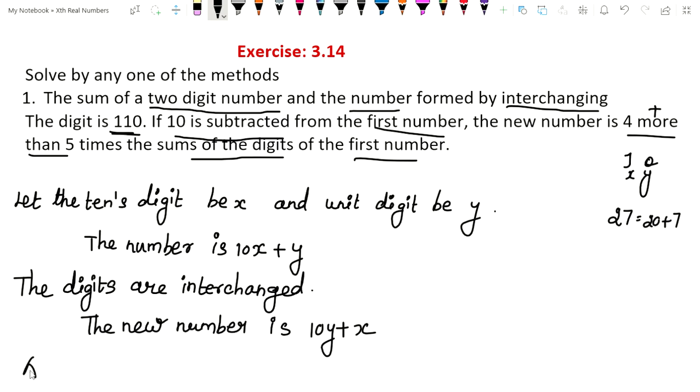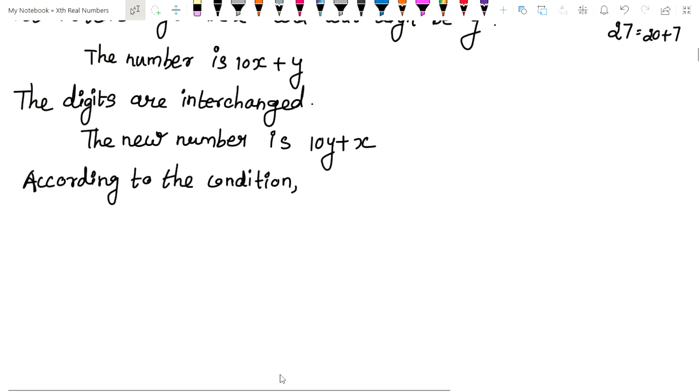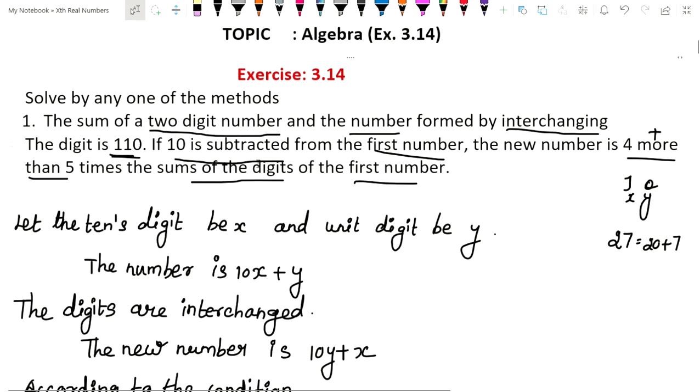Okay, according to the condition, first what they said, sum of the two-digit number and the number formed by interchanging the digits. 10x plus y, first number.